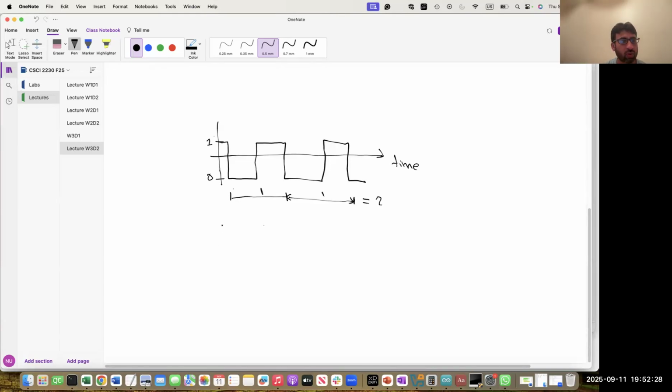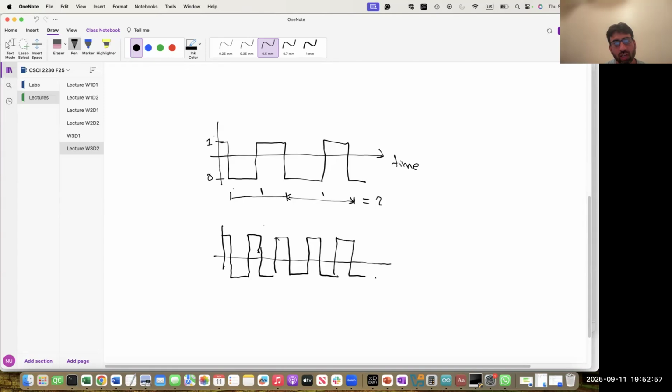Now, if I increase the frequency, it means my clock is switching between 1 and 0 more frequently, right? Let me again draw the clock with double the frequency compared to the first figure. Here I'm doubling the frequency of the clock.